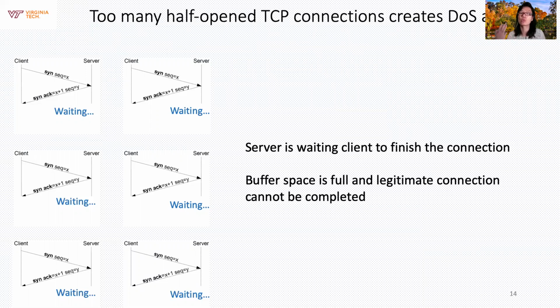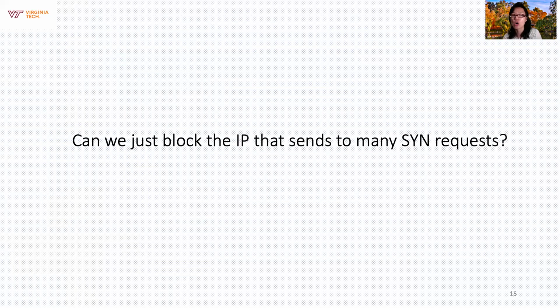The server is waiting for the client to get back because the server wanted to start transmitting data, and therefore keeps X, keeps Y. Client 1 has a set of sequence numbers, client 2 has another set, and all of these, together with the client's IP address and port number, take memory space and buffer, and the server at some point will run out of space for serving legitimate connections. And so this would cause a DoS attack, a denial of service attack.